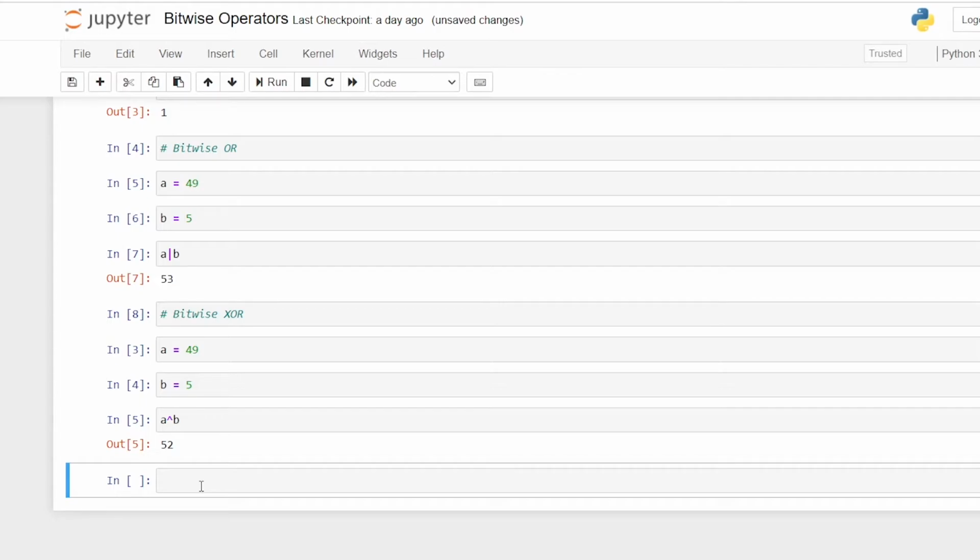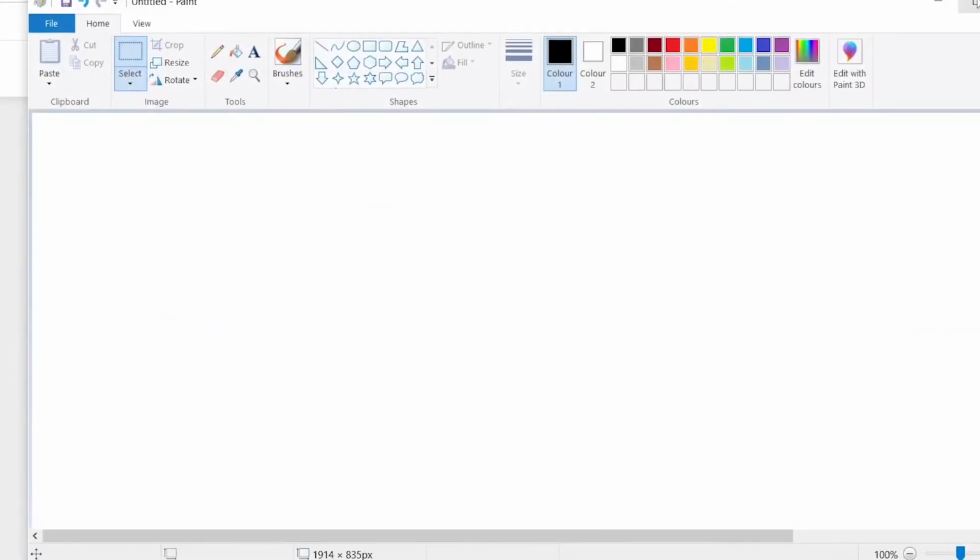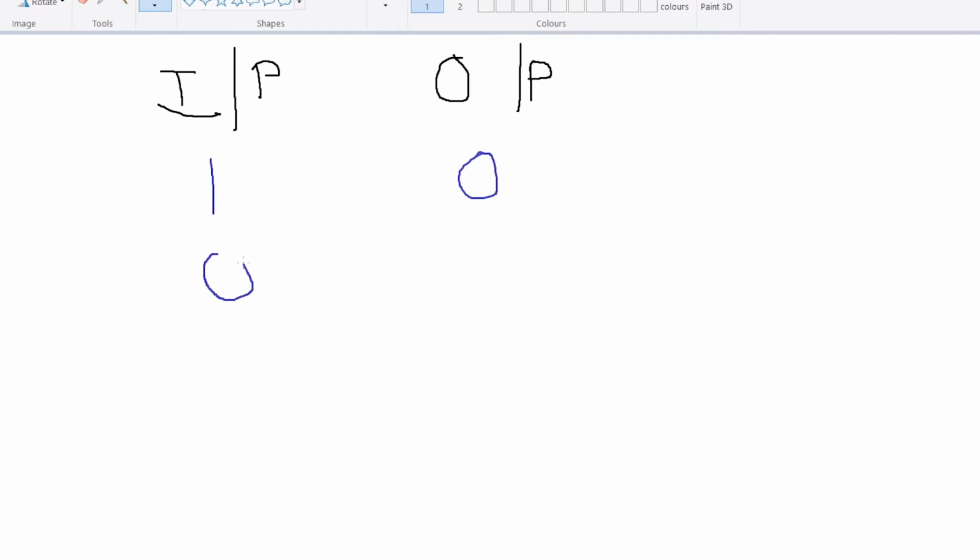So when we have an input and we have an output, if our input is 1, the output will be just the reverse of what we have in the input, so it would be 0. If the input is 0, then the output would be 1.